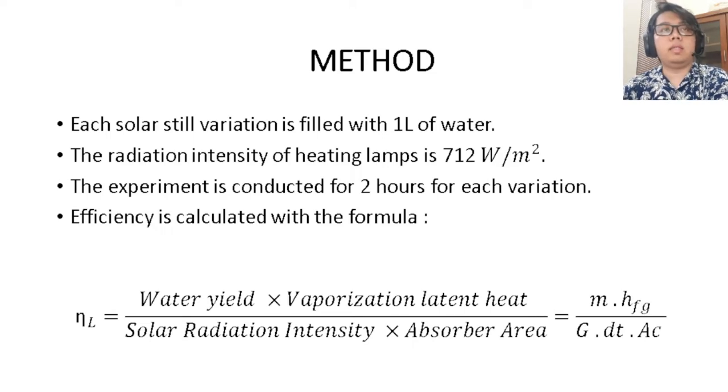This experiment is conducted for 2 hours for each variation. Efficiency is calculated with the formula below: water yield multiplied by the vaporization latent heat, divided by solar radiation intensity multiplied by the absorber area, in this case 30 by 30 centimeters.